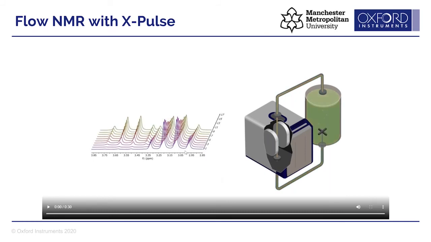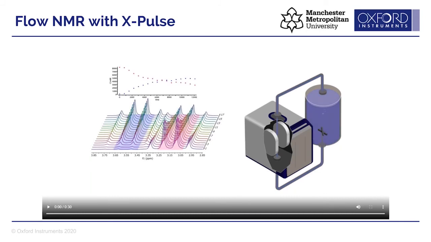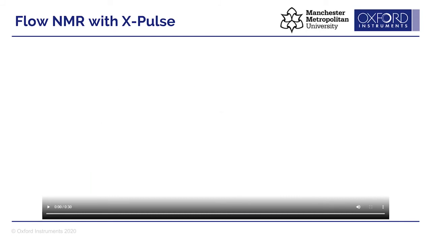We can see that the quartet, which is at lower chemical shift, is decreasing in size, whereas that on the left-hand side, which is another quartet, is increasing. And we do this continuously, so we're not doing a stop flow experiment. It makes it very easy to automate this process because we don't need to change the pulse sequence that we're using. We can just continuously run the same pulse sequence whilst that liquid is flowing around the system.